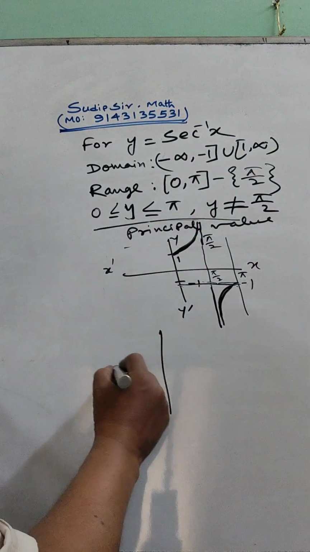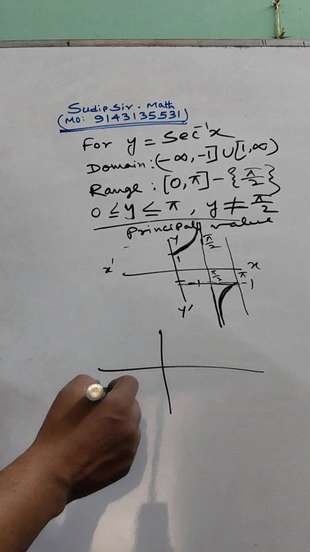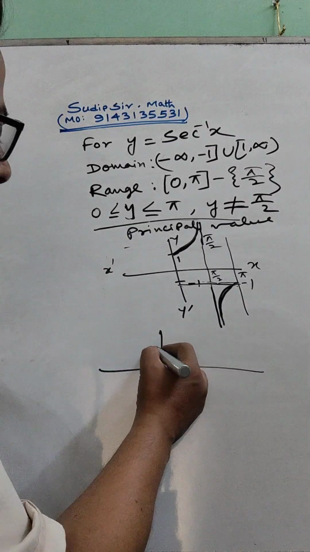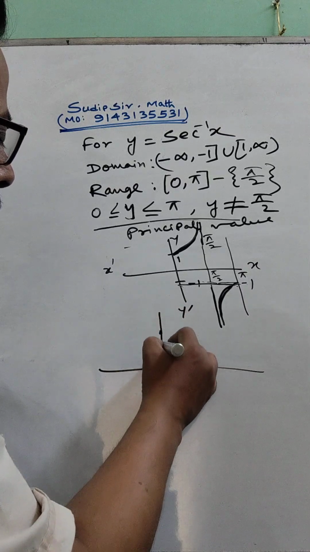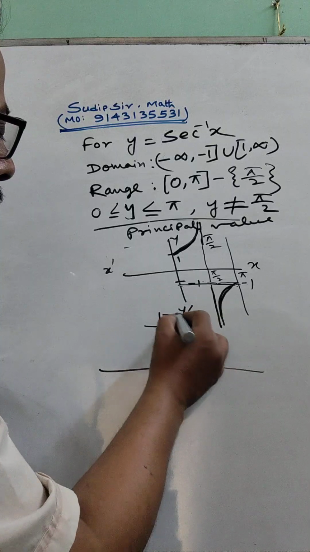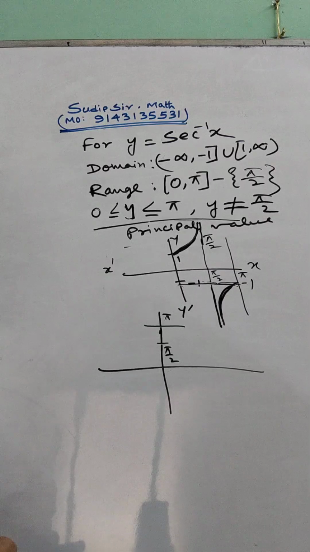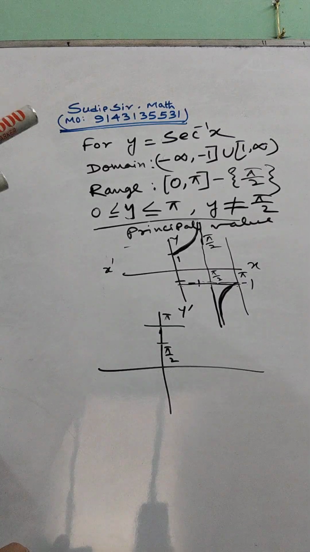But for sec inverse x, this is pi by 2 and this is pi.